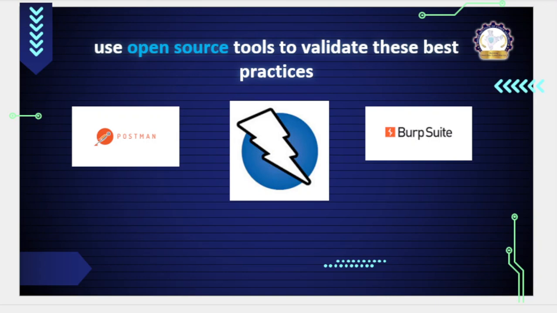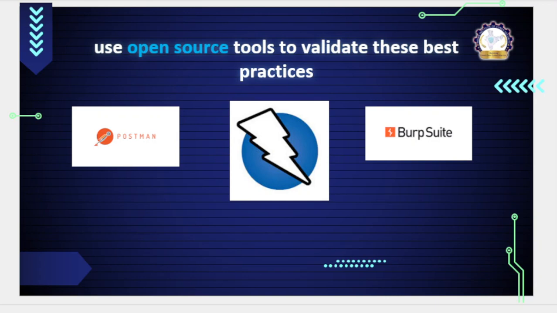In addition to the above, there are several other aspects of API authentication and authorization that you should test for. These include, first one, session management. Ensure that the API handles sessions securely and invalidates sessions after a period of inactivity or when the user logs out. Second one, password policies.